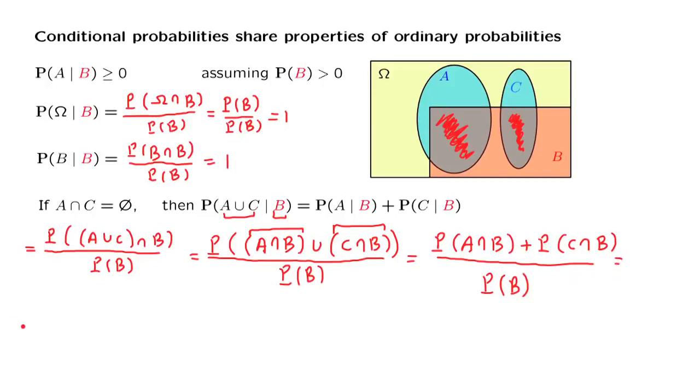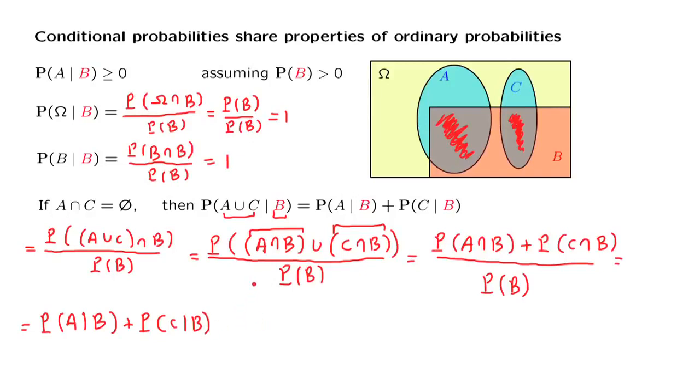And now we observe that here we have the ratio of an intersection by the probability of B. This is just the conditional probability of A given B, using the definition of conditional probabilities. And the second part is the conditional probability of C given B, where again we're using the definition of conditional probabilities.